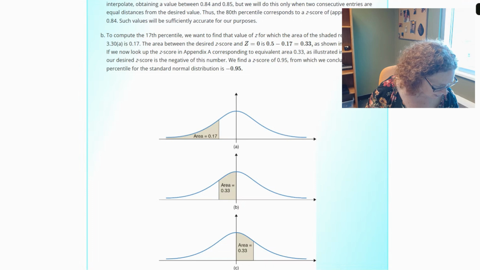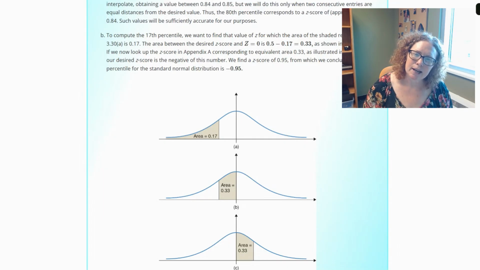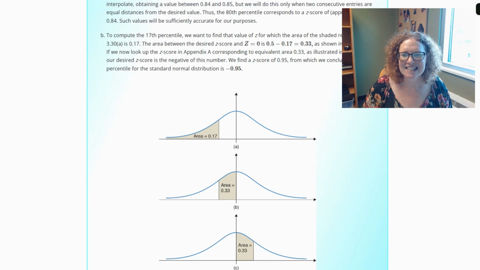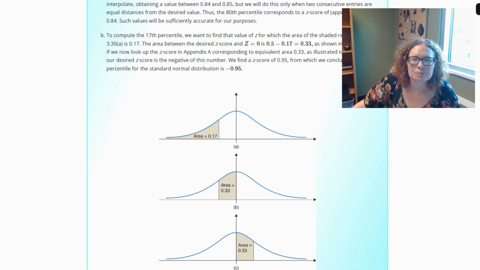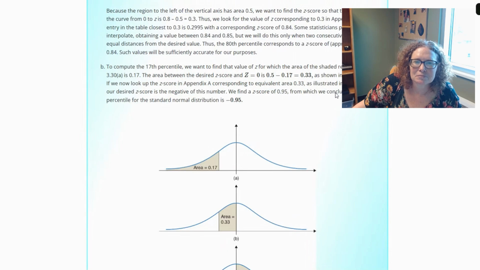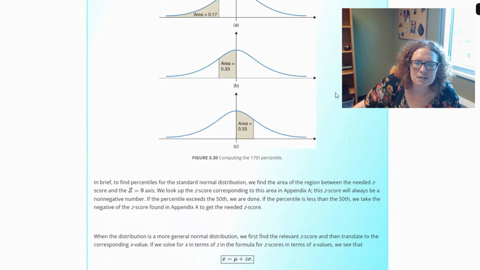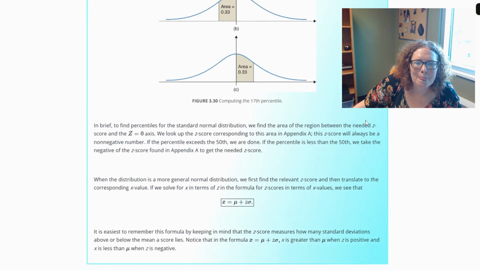And if we look at 0.33 in the graph, the difference is between 0.95 and 0.96, so somewhere around there. And so we would say that negative 0.95 would be your Z-score on that one. But we would say it's on that other side, so we're looking at a negative in this case.